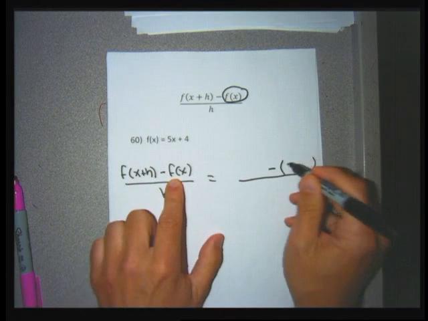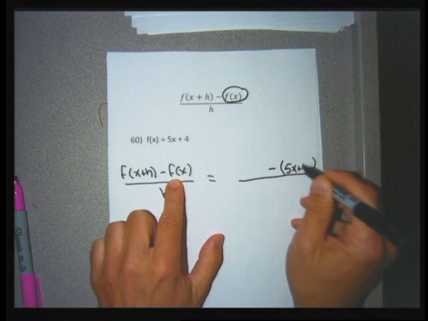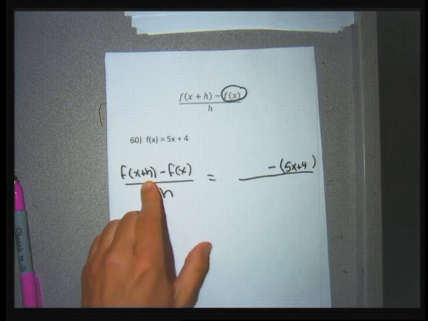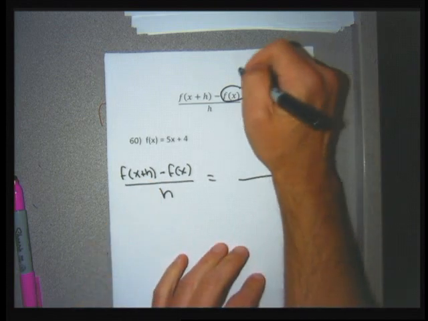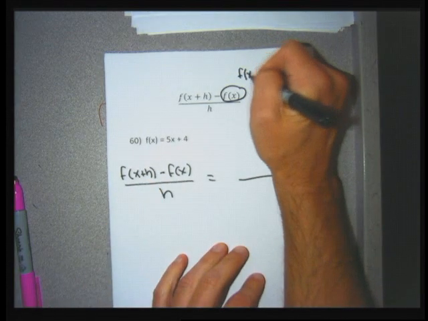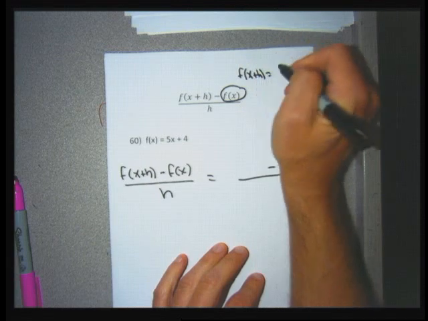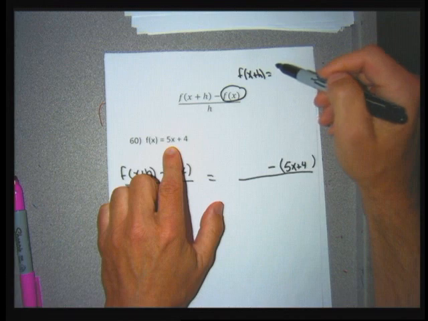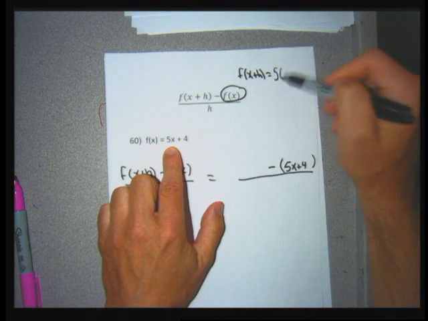The easy f in the numerator to get rid of is the f of x because it's 5x plus 4. The f of x plus h, I don't know how to change it yet, but I can figure out how to get rid of that f by going to the function and figuring out what f of x plus h is.